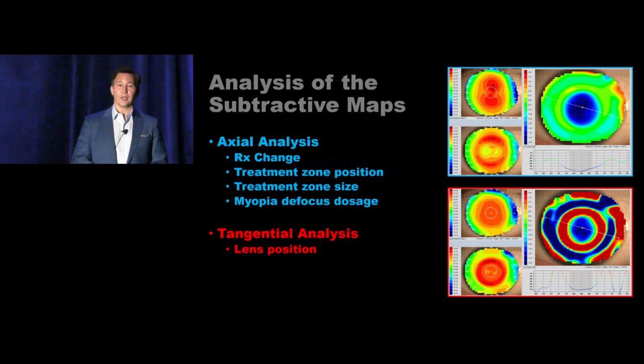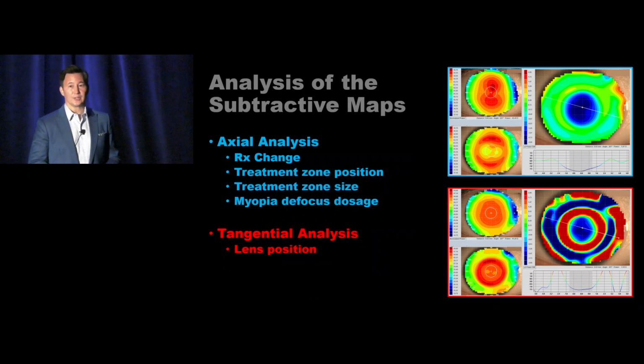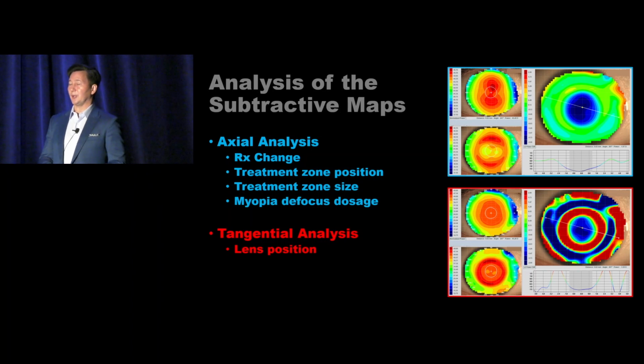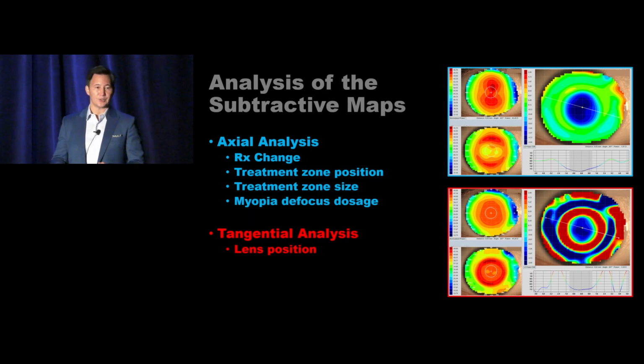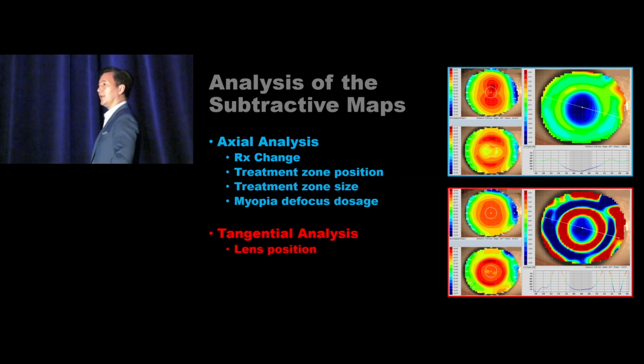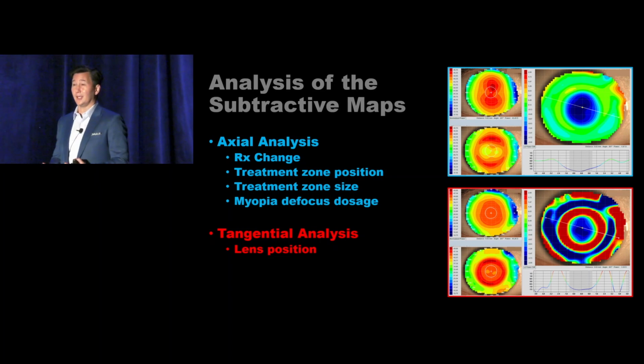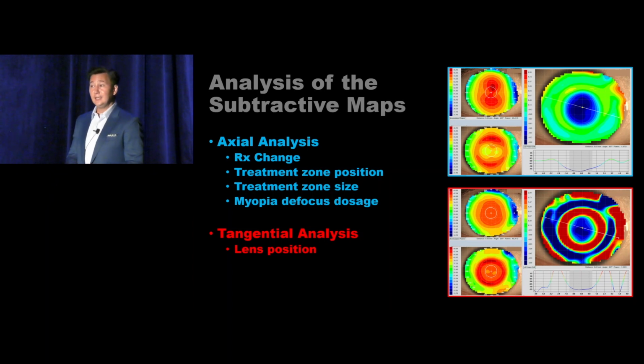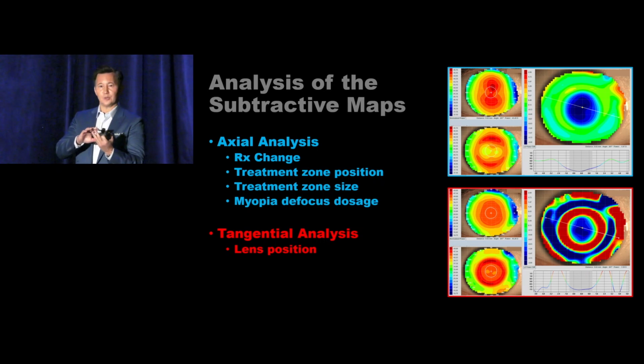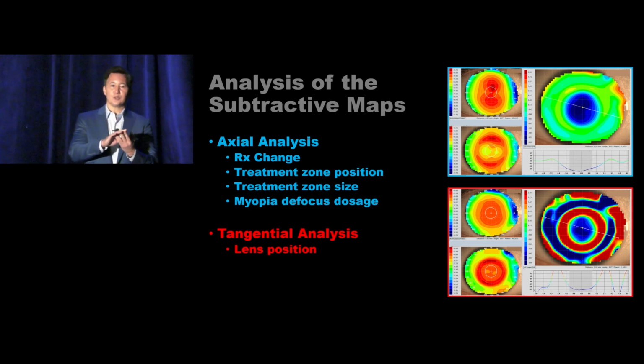Okay, so post-wear, we're going to do this analysis. And this is one that we're going to spend much more time on this afternoon because there are numerous different outcomes that happen after ortho-k. And this is really important for you to understand these subtractive maps. They're key to orthokeratology. The axial map gives you lots of data: the RX change, the treatment zone size, the treatment zone position, the myopia controlling signal.